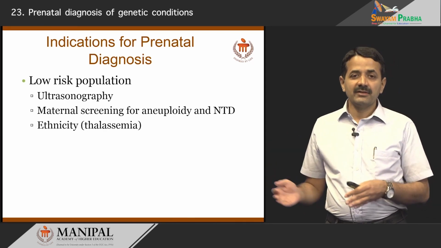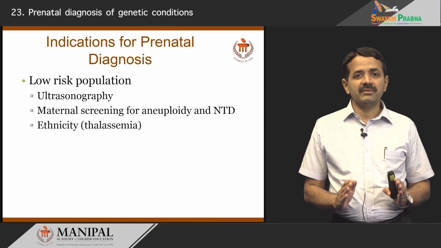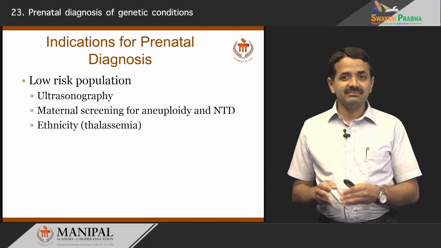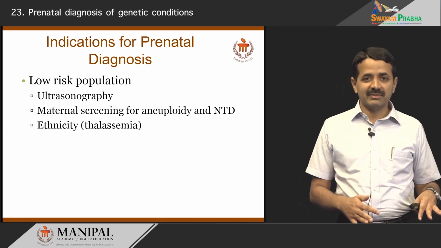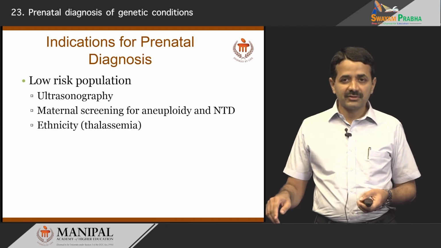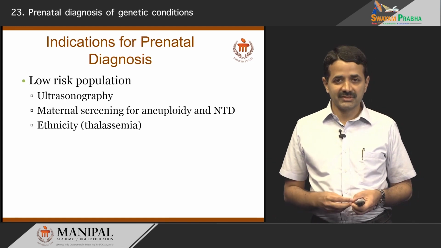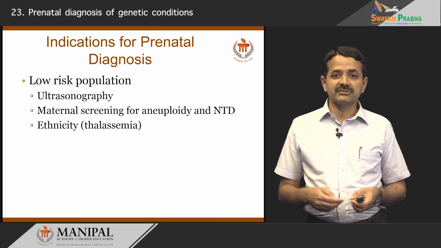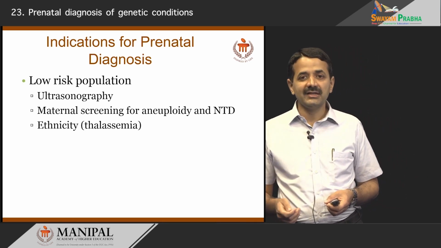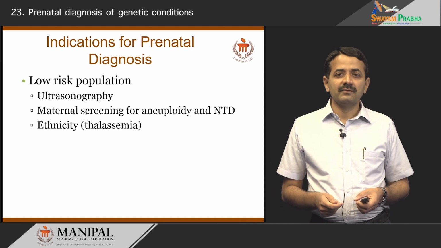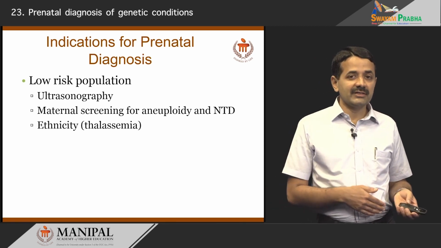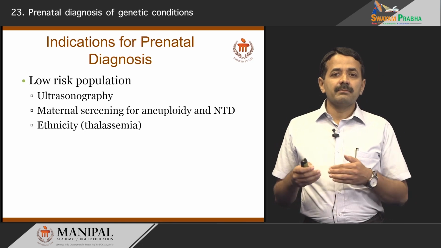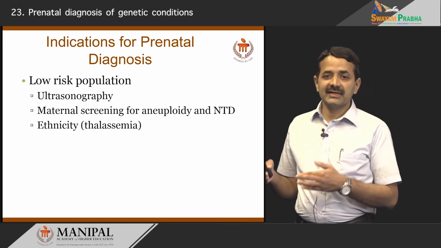Any pregnant woman should be offered some basic prenatal testing methods, which include an ultrasonography to detect major fetal malformations and screening for aneuploidy or chromosomal disorders like Down syndrome, trisomy 13, trisomy 18, and neural tube defects, which are so common, affecting 1 in 1000 pregnancies.